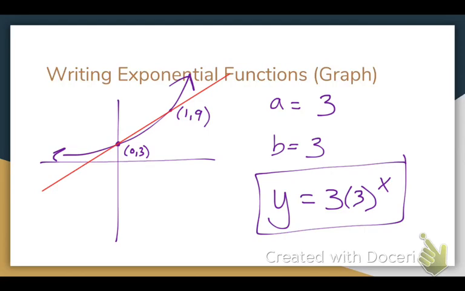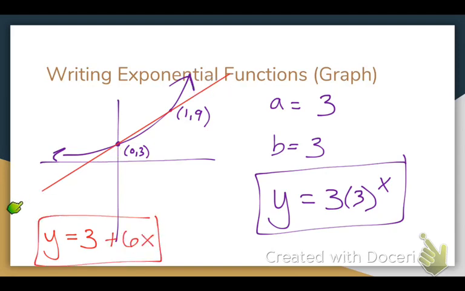All right, let's say that it was this red function instead of the purple function that I had graphed. We wouldn't be multiplying and dividing every single time. What would we be doing then? Adding and subtracting. Perfect. Notice that my y-intercept is the same. The y-intercept is still 3. So if I was going to write this function, it would be y equals 3. What am I adding to get from 3 to 9? 6. So plus 6x.